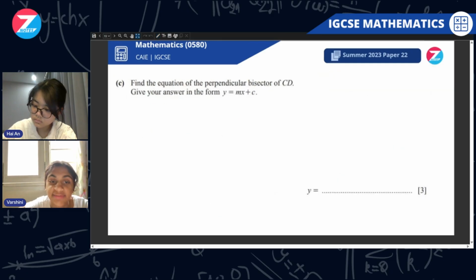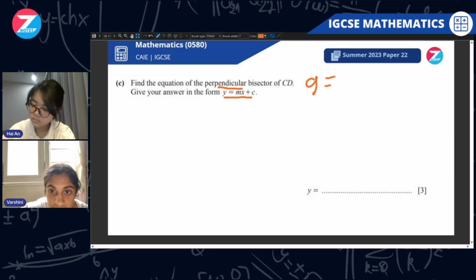Okay, part C. Find the equation of the perpendicular bisector of CD and give your answer in the form y equals mx plus c. So we know that this is the formula of a line. And we also know that for any perpendicular bisector, the gradient is going to equal the negative reciprocal, 1 by g, let's say, of the gradient of the line itself.